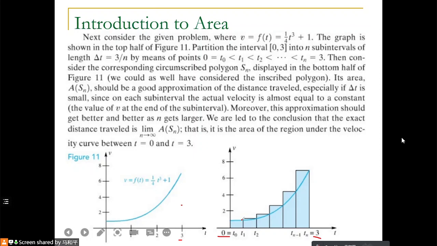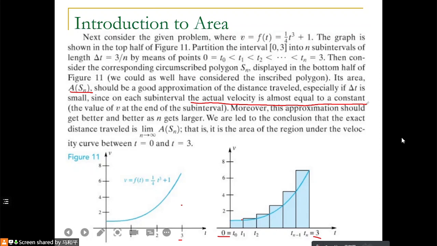Its area A(S_n) should be a good approximation of the distance traveled, especially if delta t is small, since on each subinterval the actual velocity is almost equal to a constant, the value of v at the end of the subinterval.